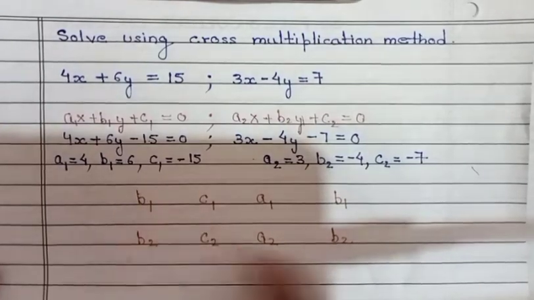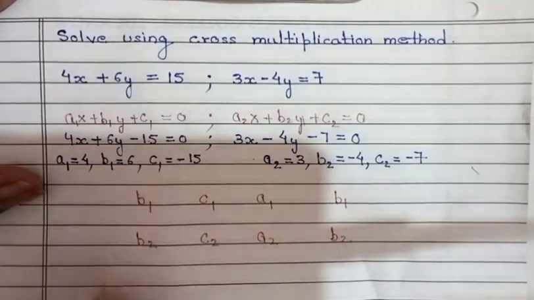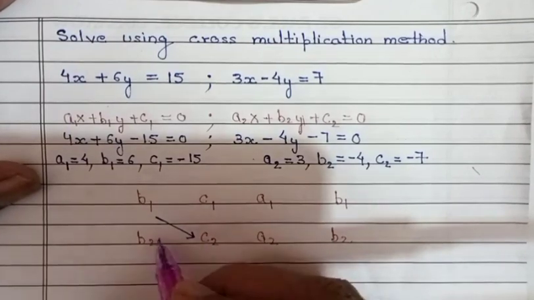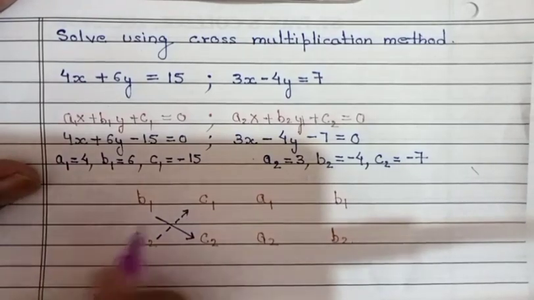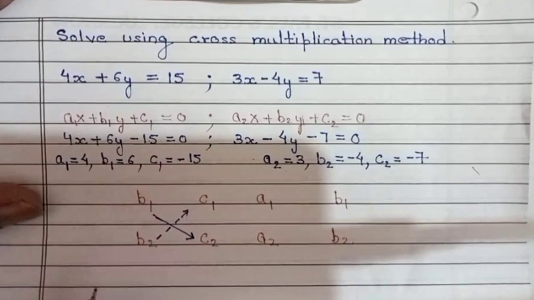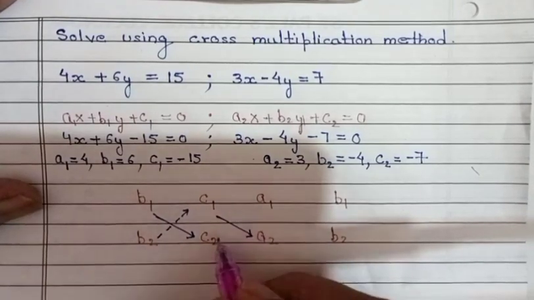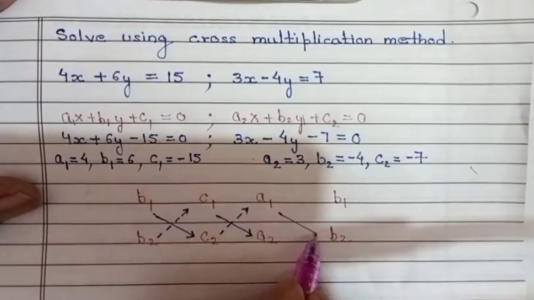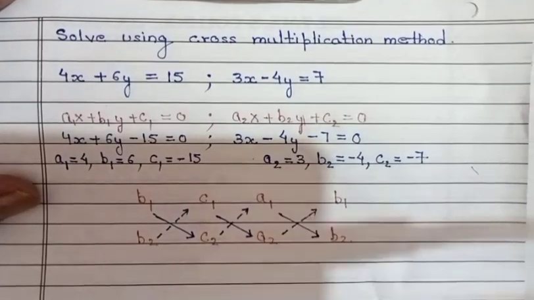After writing them in this pattern, now here you will take this product, and this broken arrow product, and these two products will be subtracted. Similarly, in this case, first you will take this product, from it you will subtract the other product. Similarly, in this one, this product, and then you will subtract this one.